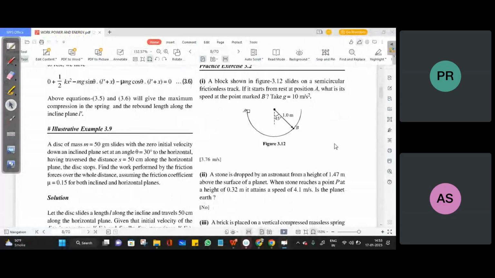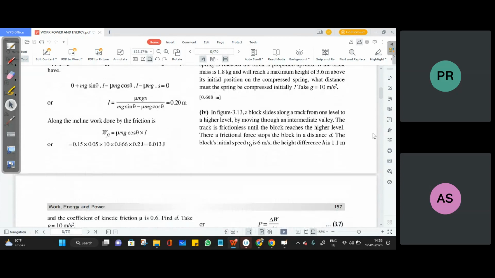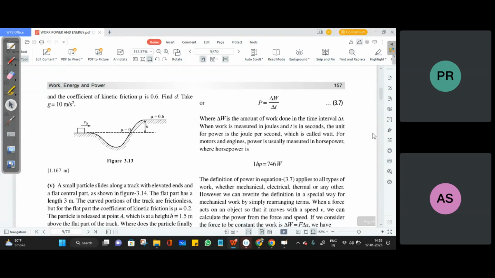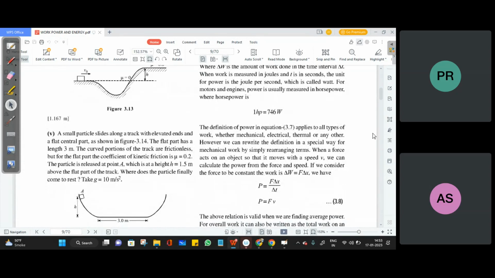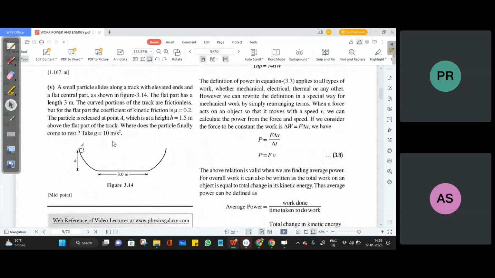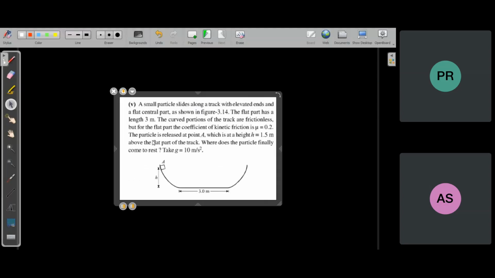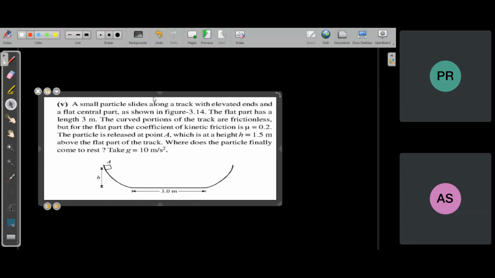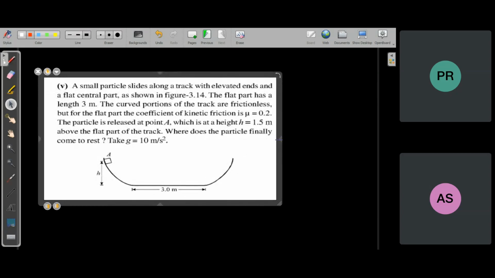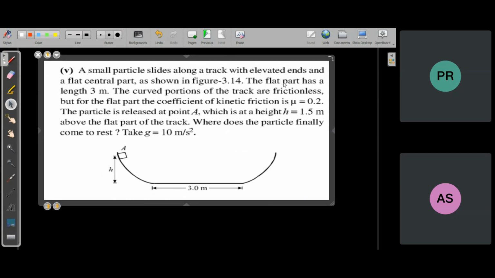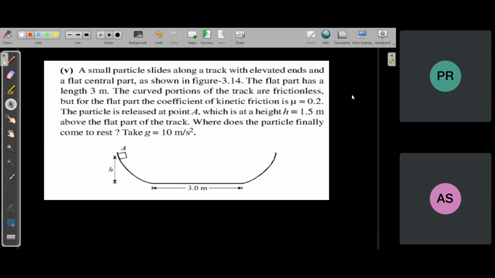Okay, if you have no doubt, then we'll go to the next. Now you can do questions like this. You can try this one more question, and then we will go to the next one. Try this.